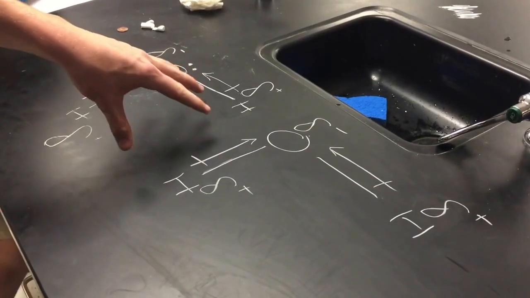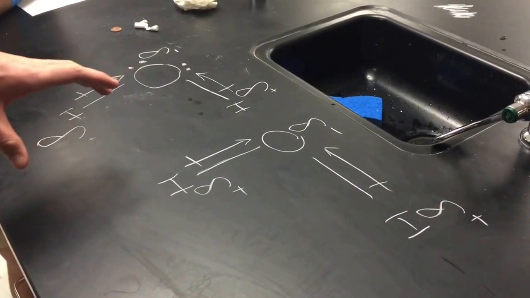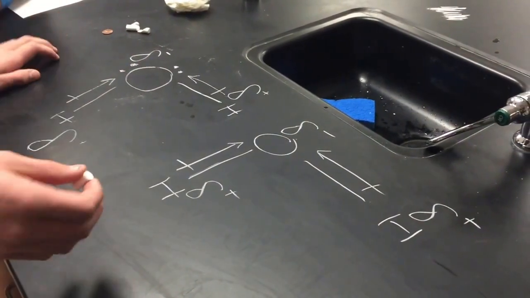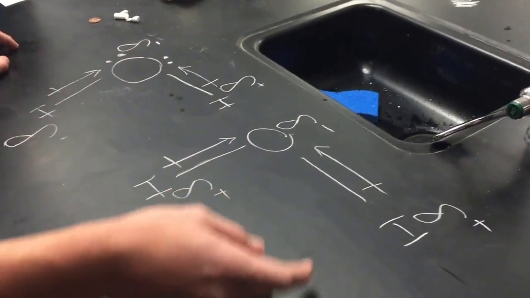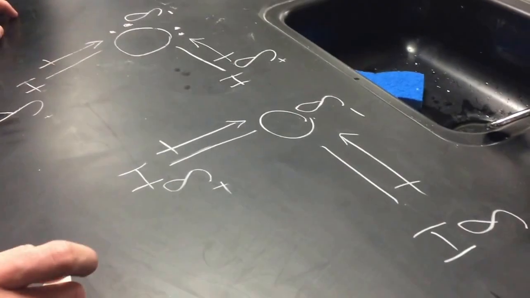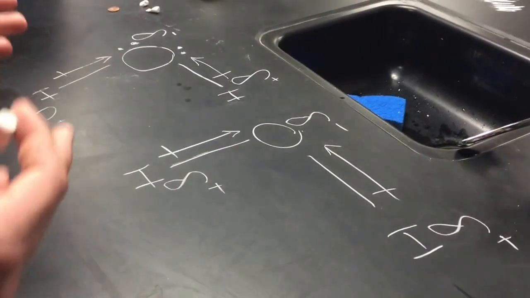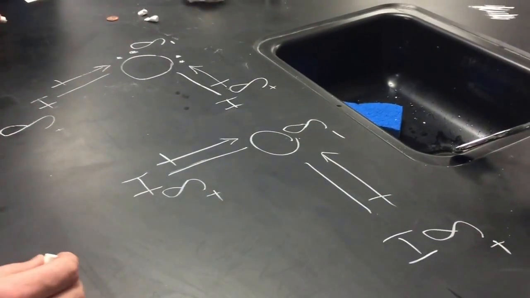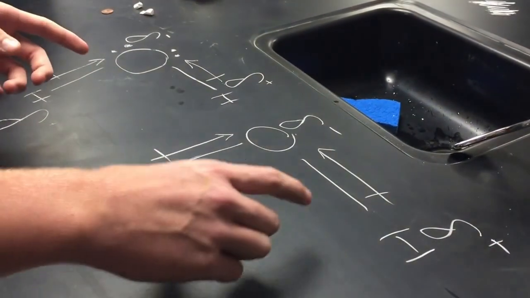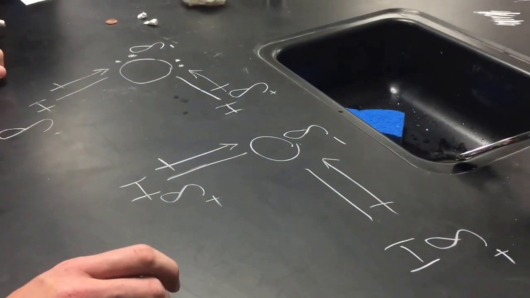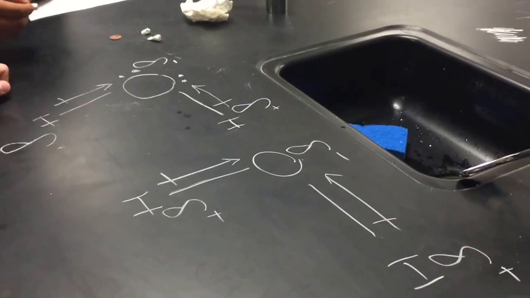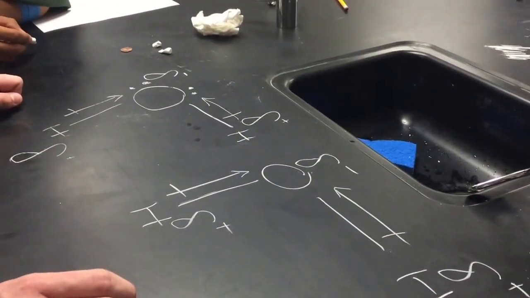Okay, so we're going to figure out what type of force holds water together. As we mentioned earlier, hydrogen is going to be partially positive and oxygen is going to be partially negative because of the way the electronegativity is in oxygen. This causes each molecule to be polar. With polar molecules, there are two types of forces that can hold them together: either dipole-dipole or hydrogen bonding.